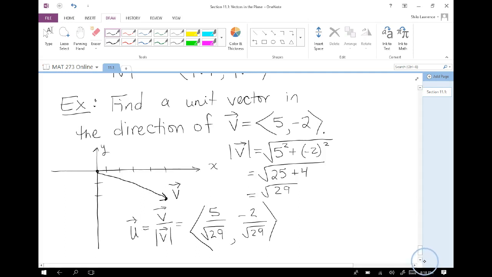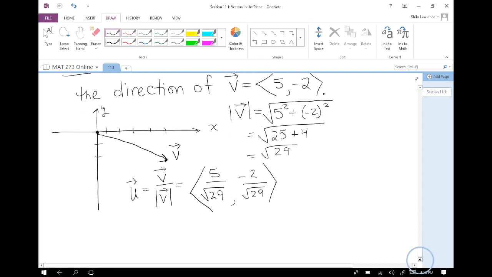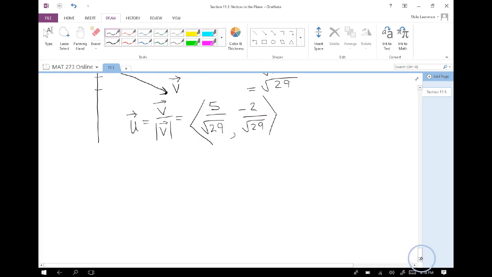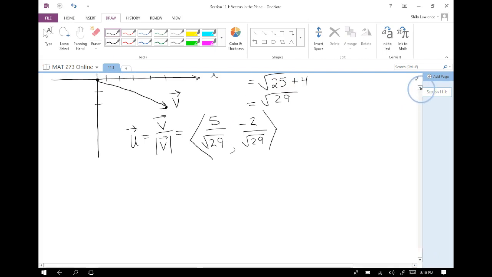Now, I just told you that we don't want to change this to decimals unless we're told to, but for the sake of graphing it, I am going to change it to a decimal just for ease of graphing. And very often when I'm making approximations or doing rounding, I will use my squiggly equals, which means approximately equal to.